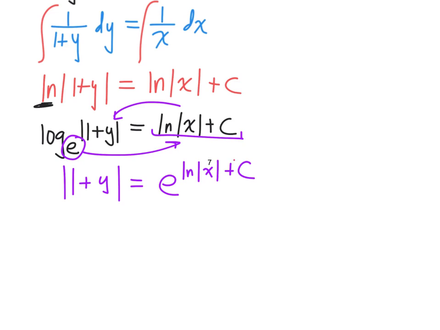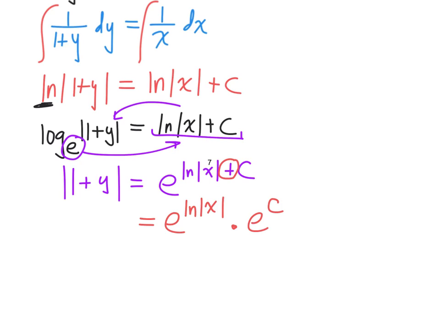We have a sum in an exponent. We could break that up into the product of two monomials. So this is basically keep the base, add the exponents, put it in reverse. So we're undoing it.